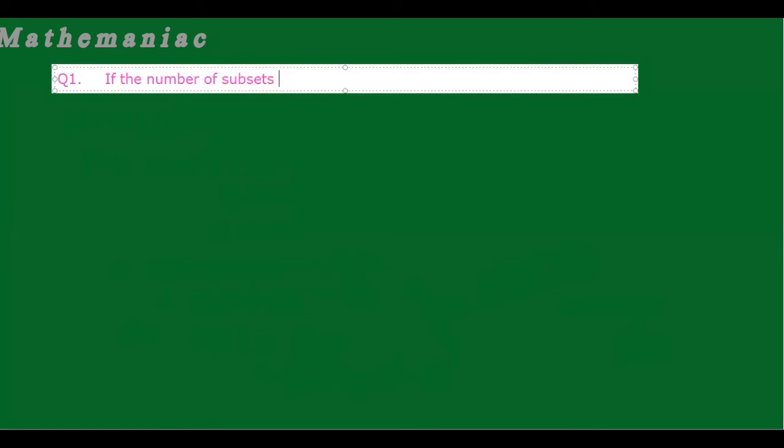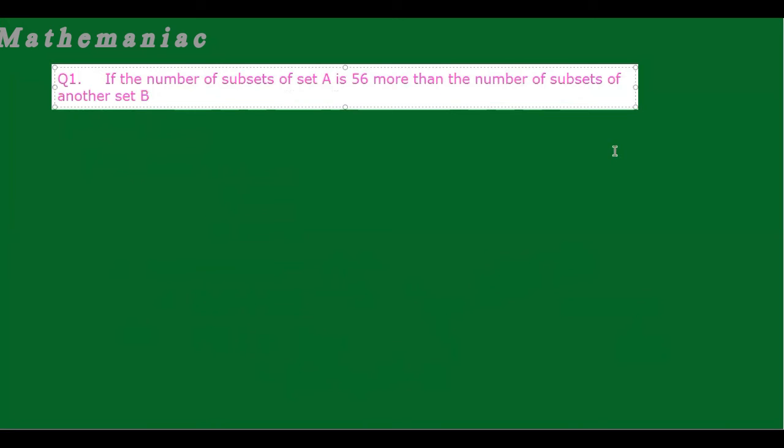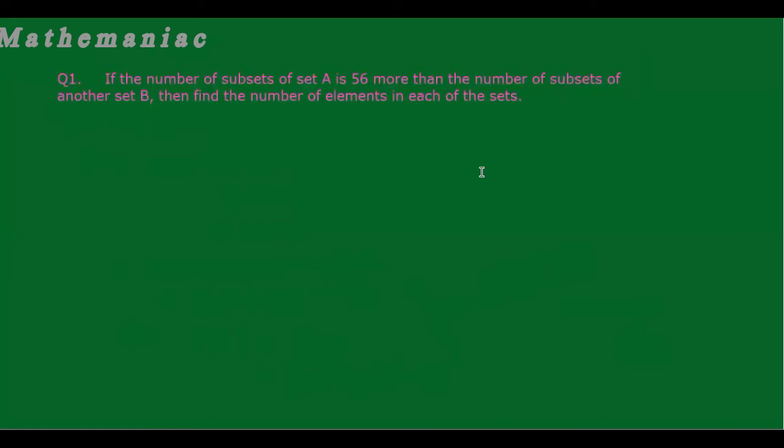If the number of subsets of a set A is 56 more than the number of subsets of another set B, then find the number of elements in each of the sets.